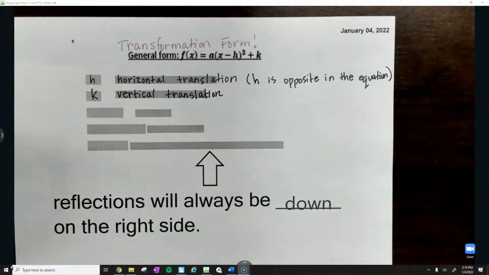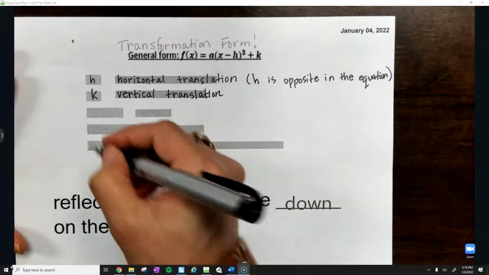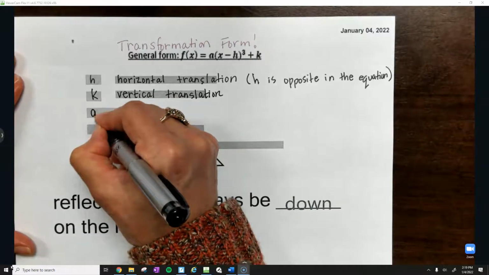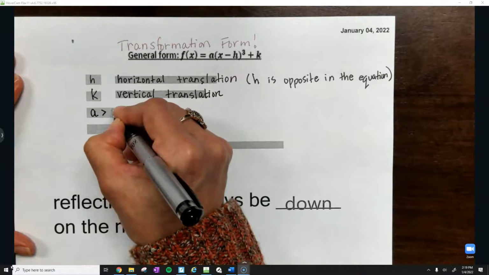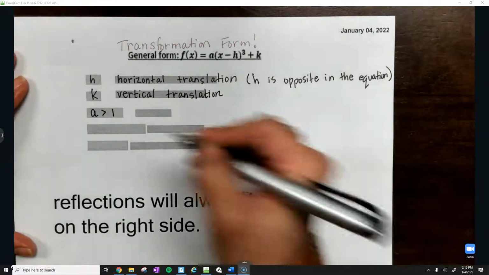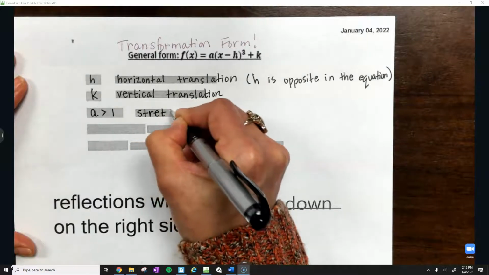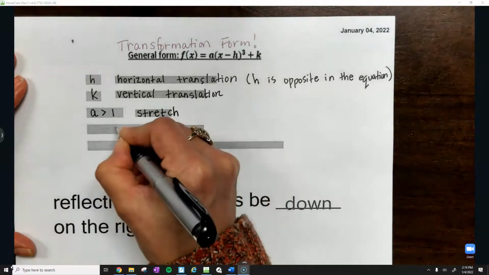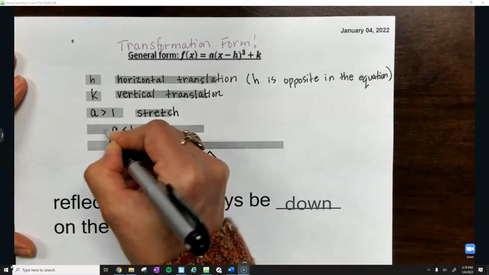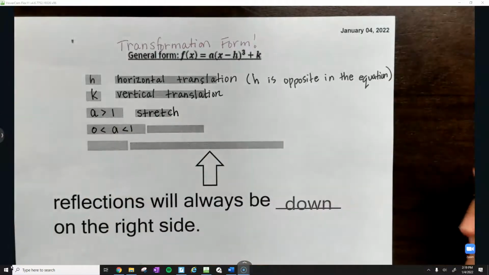And then the next thing we need to talk about is the letter A. Now remember, if A is greater than 1, remember it's a stretch. Now, if A is less than 1, but greater than 0, like a fraction, remember it's a compression.